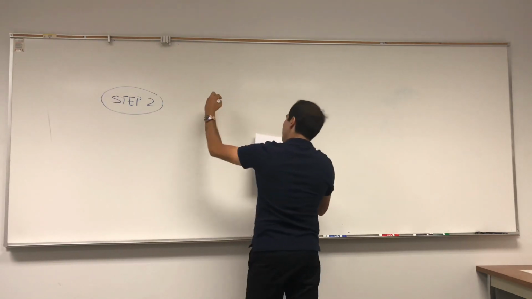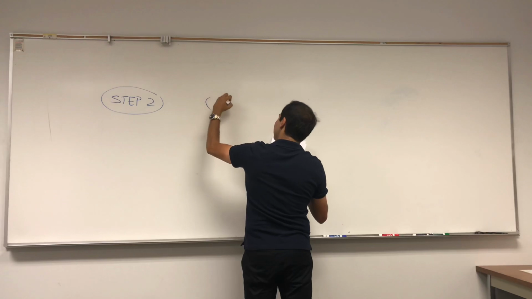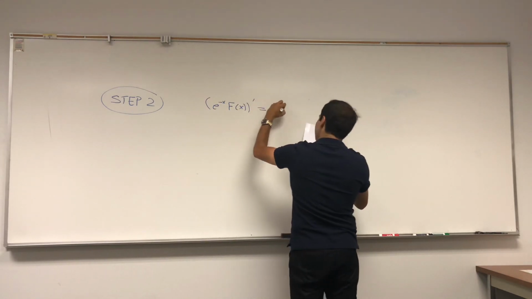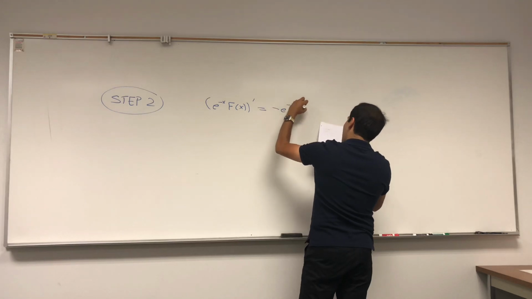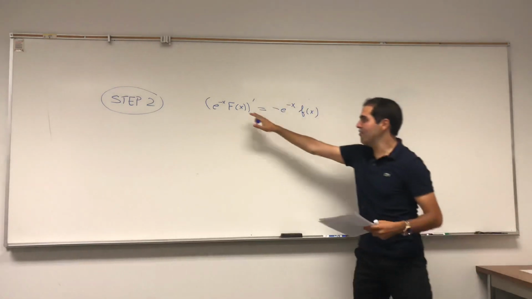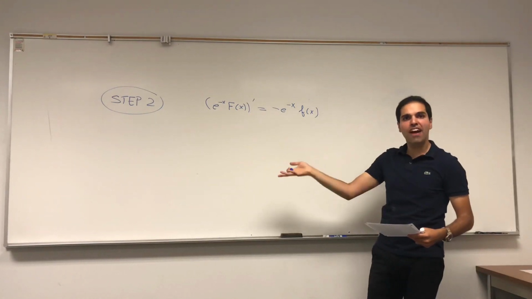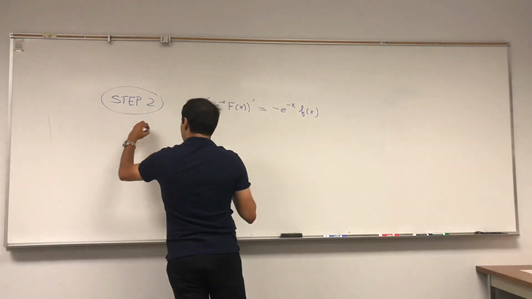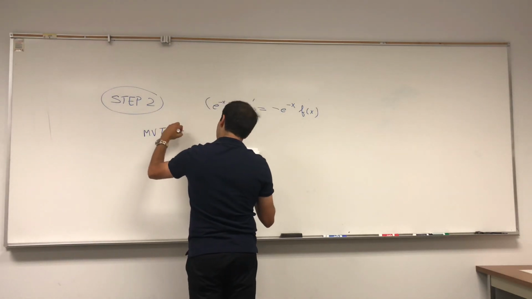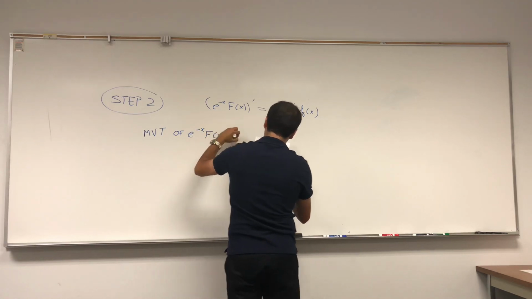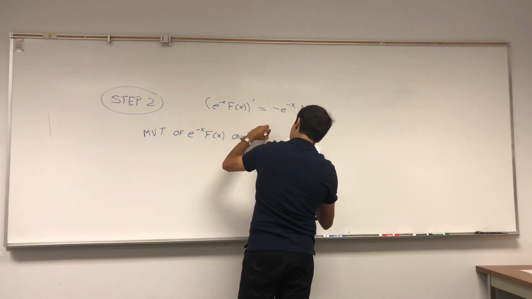So, step 2, and remember, the derivative of e to the minus x, capital F of x is minus e to the minus x, f of x. Okay, now take this function and apply the mean value theorem on the interval 0, 1. So mean value theorem of e to the minus x, F of x on 0, 1.